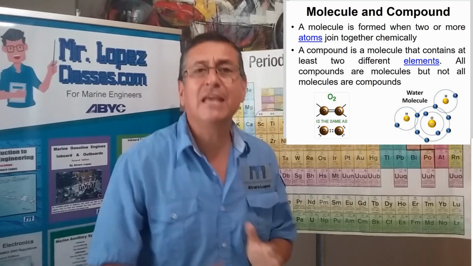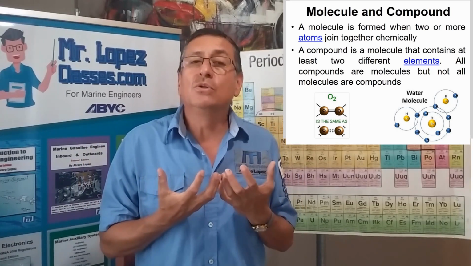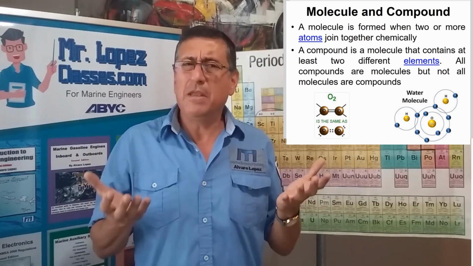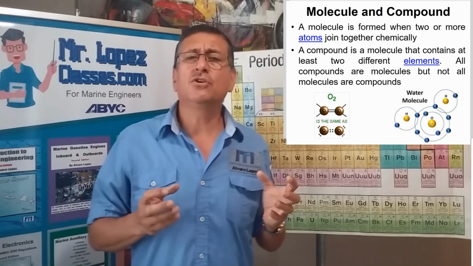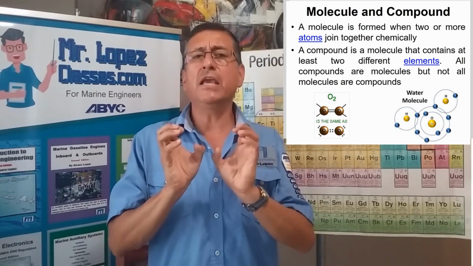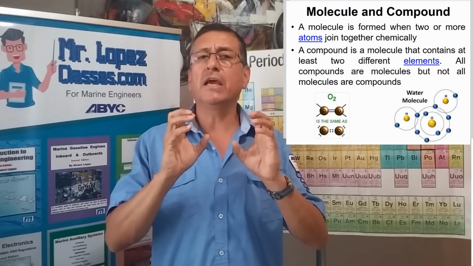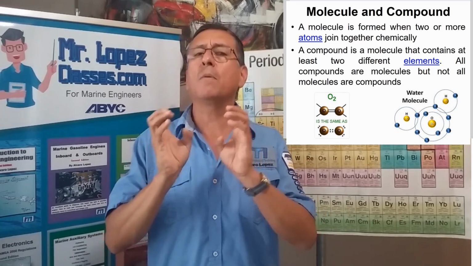And now let me explain how I can create molecules. What is the meaning of molecule? A molecule is the combination of two elements. It doesn't matter if both of them are equal or dissimilar. When you combine two elements, you create a molecule or a compound.